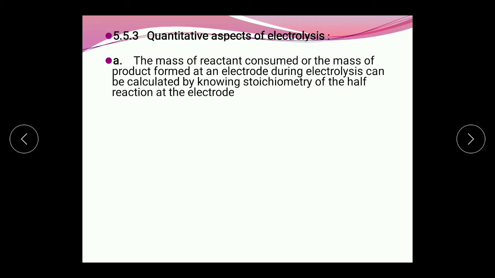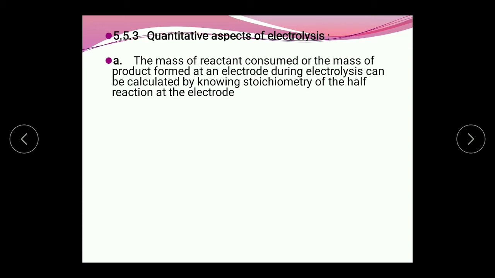That means we are producing some metals or some product by passing electricity, and during this process, redox reactions are taking place. At one electrode, reduction takes place. At another electrode, oxidation takes place. And that reaction has some stoichiometry. What is stoichiometry? It is the coefficients we use to balance that reaction.